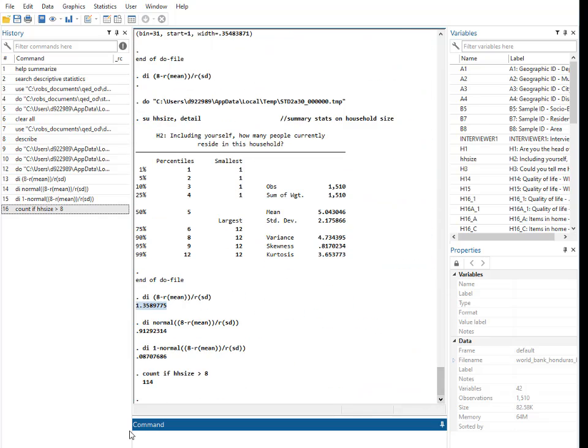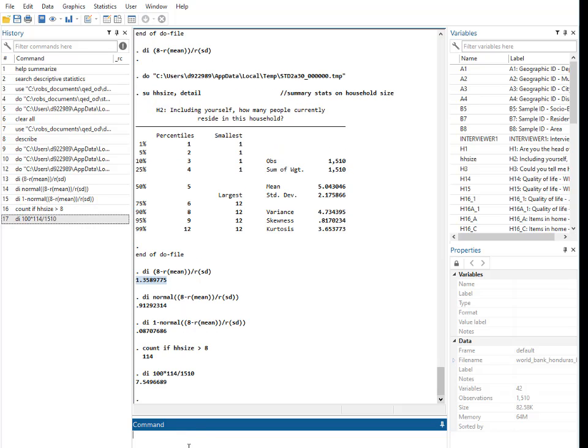So again, display 100 times 114 over 1510. That will give me the percentage, which comes out as 7.5%, rather than 8.7%. So it's not a very long way from the 8.7% calculated.